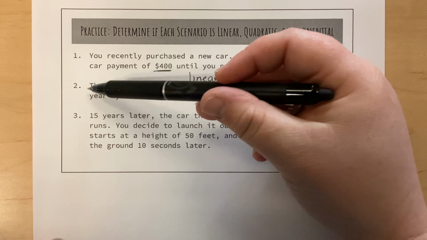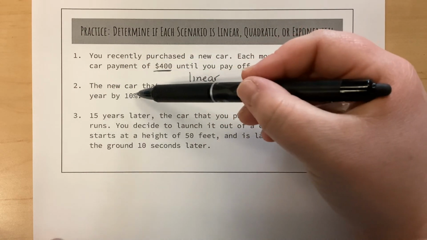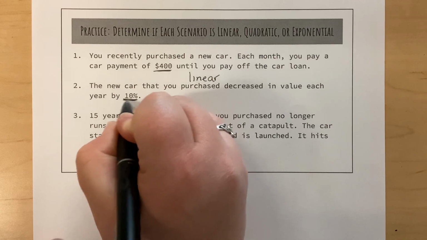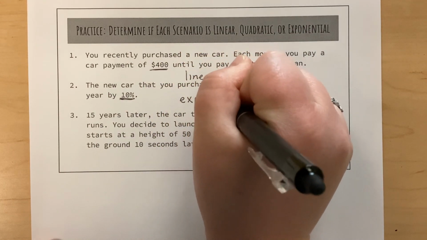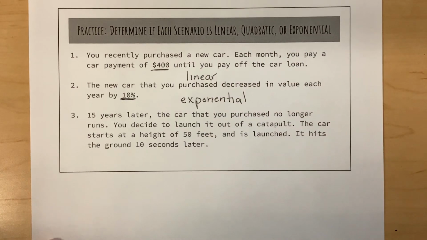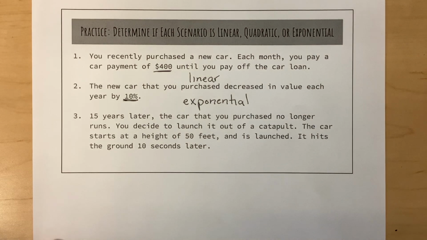Okay. Number 2, the new car that you purchased decreased in value each year by 10%. So here's the key here. It's that 10%. That makes this one exponential, because you would be multiplying by a percent to find out how much you are losing each year. Finally, 15 years later, the car that you purchased no longer runs.